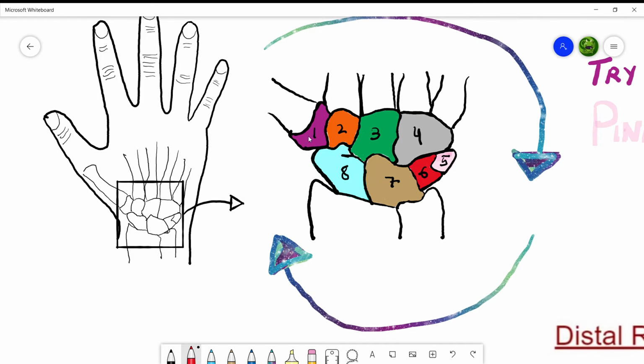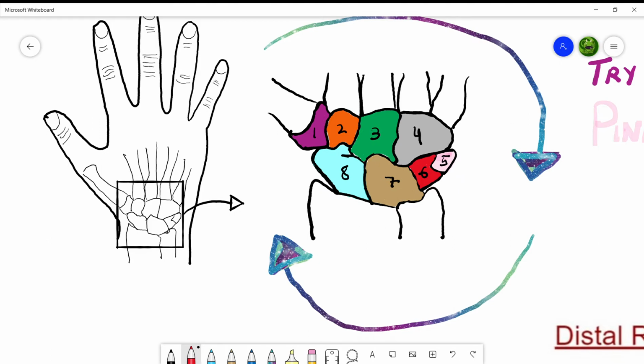As you can see, I've labeled it number 1, and it starts from the thumb side. It goes like 1, 2, 3, 4, towards the little finger, and then the proximal row starts from the little finger towards the thumb, right? So remember this thing, it starts from the thumb side, goes to the little finger side, and then starts from the little finger side and goes towards the thumb side.